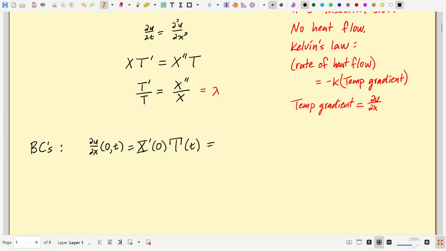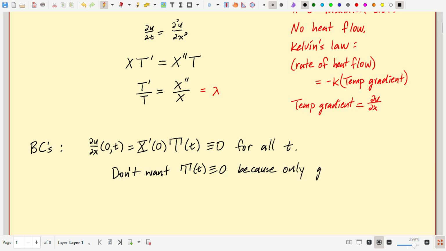We need that to be equal to 0 for all time. Well, we don't want T of t to be identically 0, because that would just give us the 0 solution.